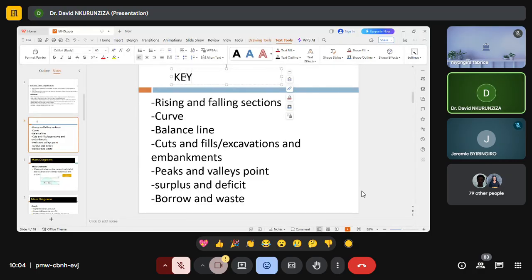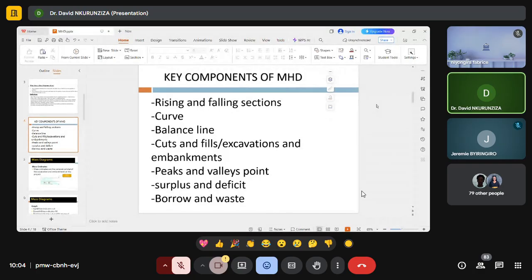Key components of MHD. To use the color. Oh, what is this? Okay, no problem.